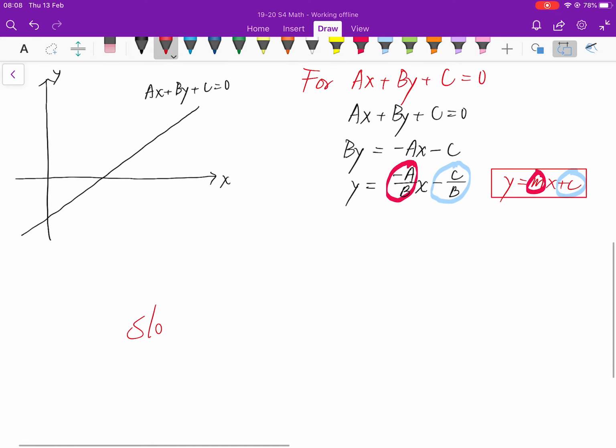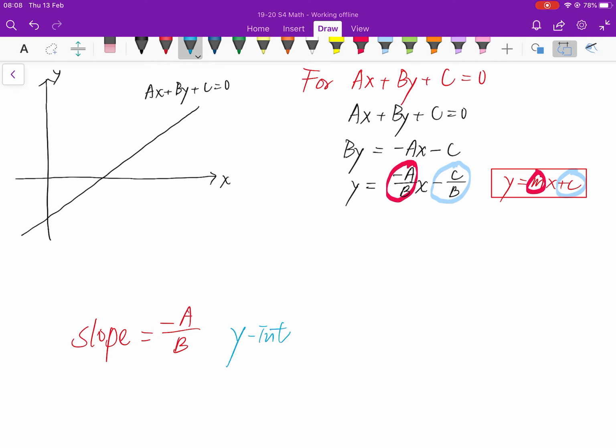For the slope, it is negative a over b, and for the y-intercept, it equals negative c over b.